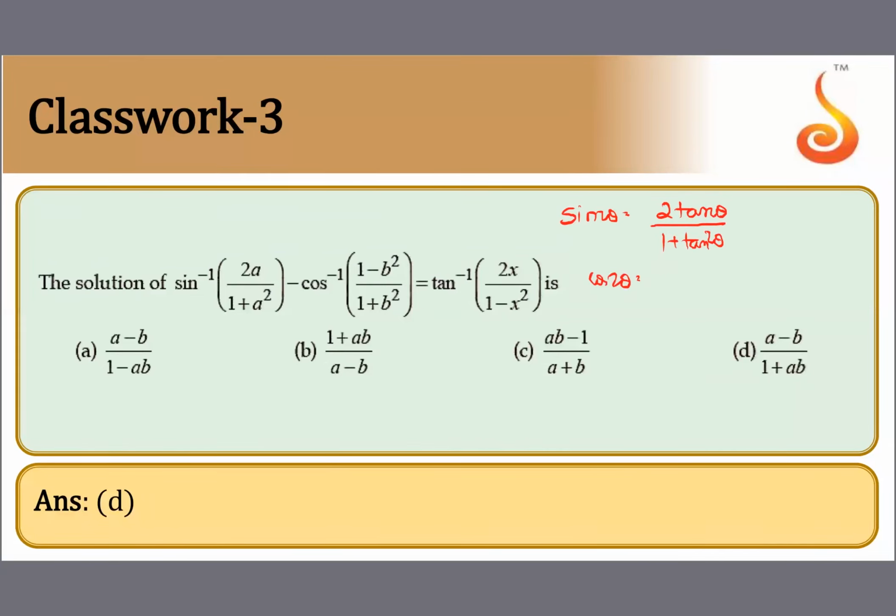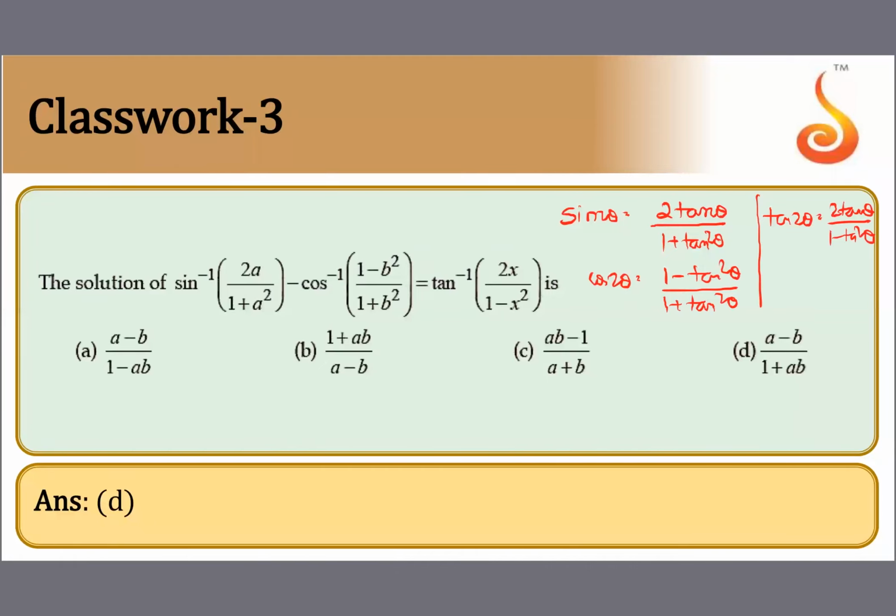Cos 2 theta is 1 minus tan square theta upon 1 plus tan square theta. That is cos 2 theta. Similarly, tan 2 theta is equal to 2 tan theta upon 1 minus tan square theta.